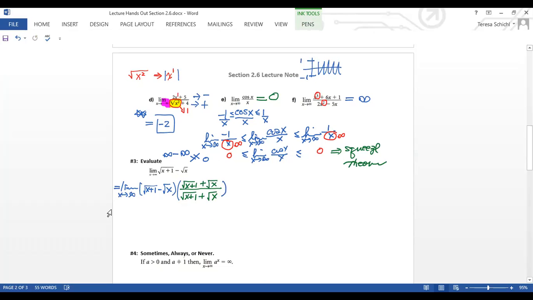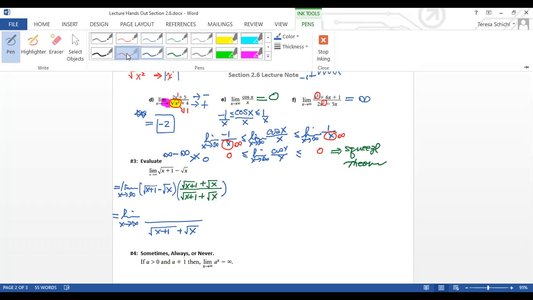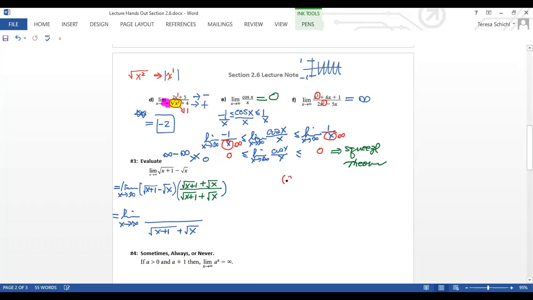Also, do you remember? Okay, so now here, this is limit x approaches infinity. So the denominator will become the square root of x plus 1 plus the square root of x, right? So the top, remember what formula we use? We say this is one very popular factoring formula: a minus b times a plus b. Do we remember what this is from our algebra years?